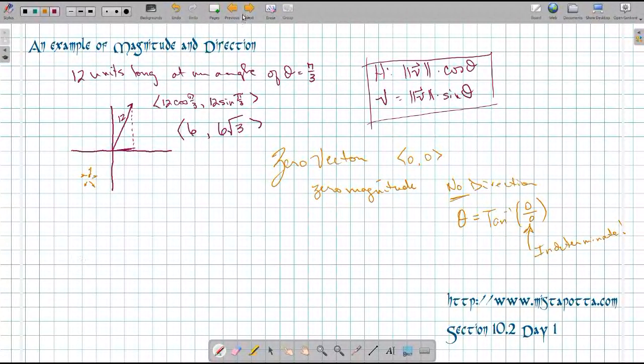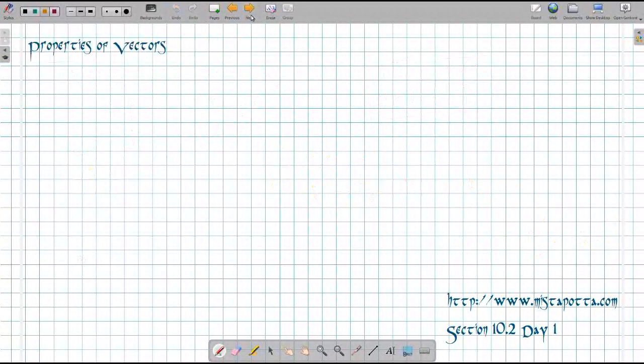So what we need to talk about now is some of these properties of vectors. One of the properties of vectors is that we can add vectors together.